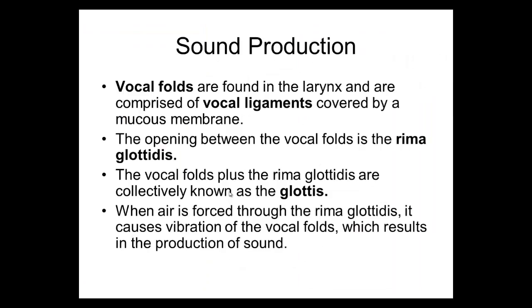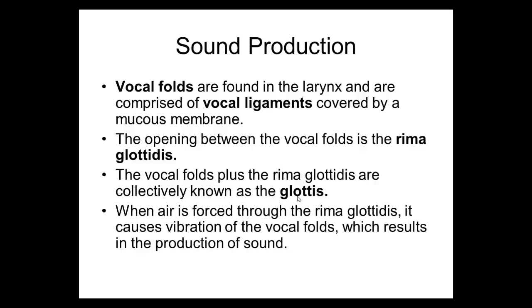Okay. So the vocal folds are made by vocal ligaments, and covering them is mucous membrane. The opening between the vocal cords, or vocal folds, is the rima glottis, and if you add the vocal folds plus the rima glottis, that's what we call the glottis.